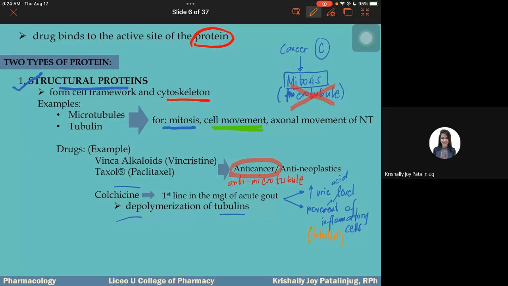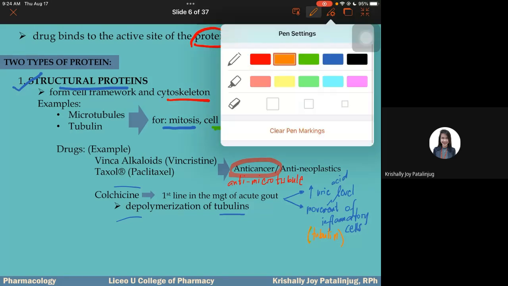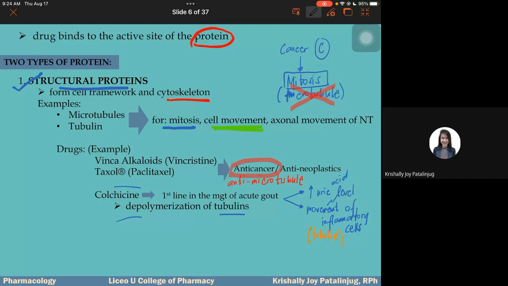And with colchicine, it targets the structural protein tubulin. Okay, so this will be the target of the drug colchicine. It will depolymerize tubulin. That's why it will be rendered inactive, non-functional.